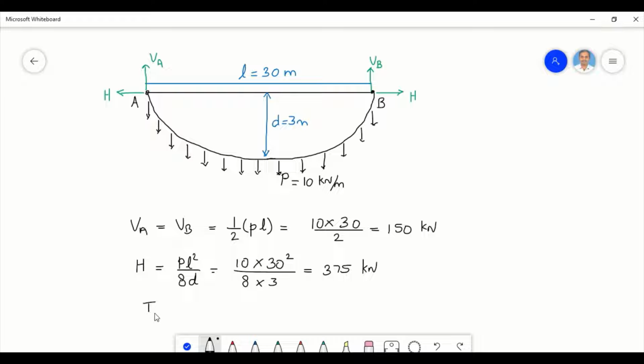So we can write that as T max is equal to square root of VA square plus H square. So it will be 150 square plus 375 square, the whole power 1 by 2, and its value is 403.9 kilonewtons.